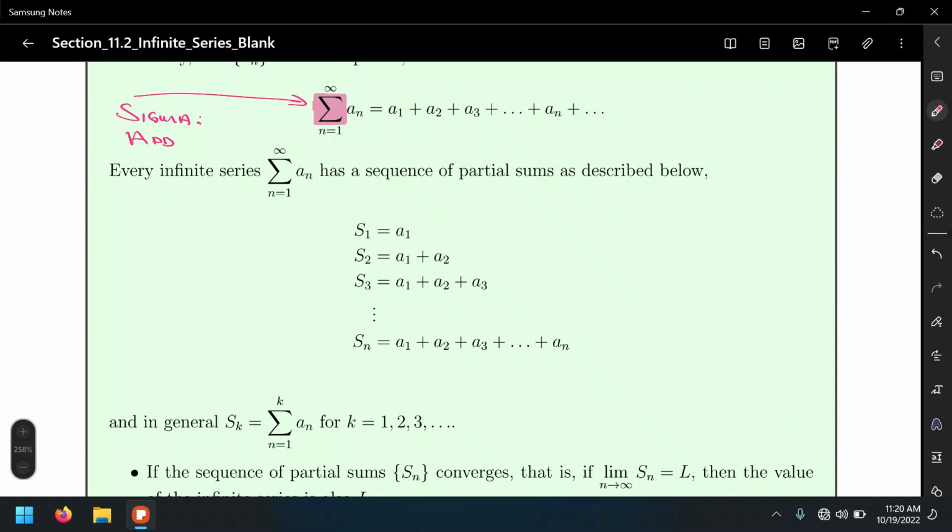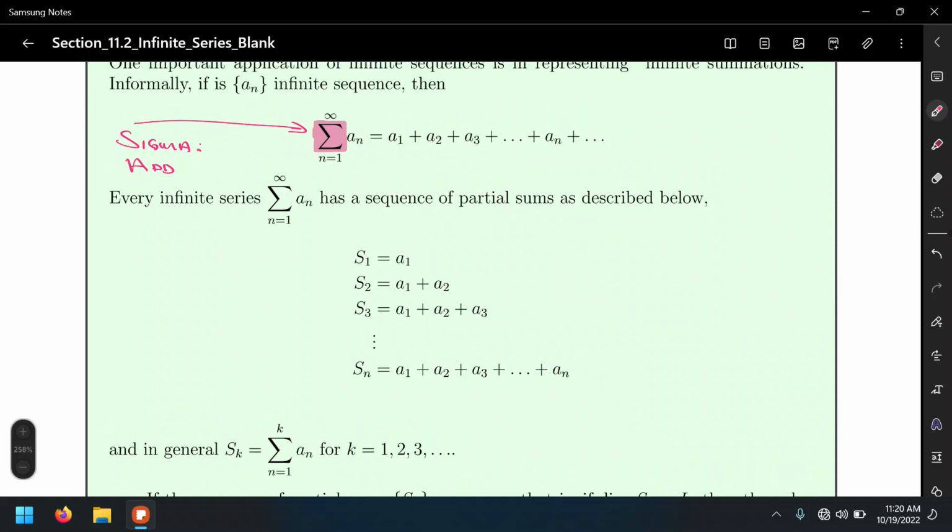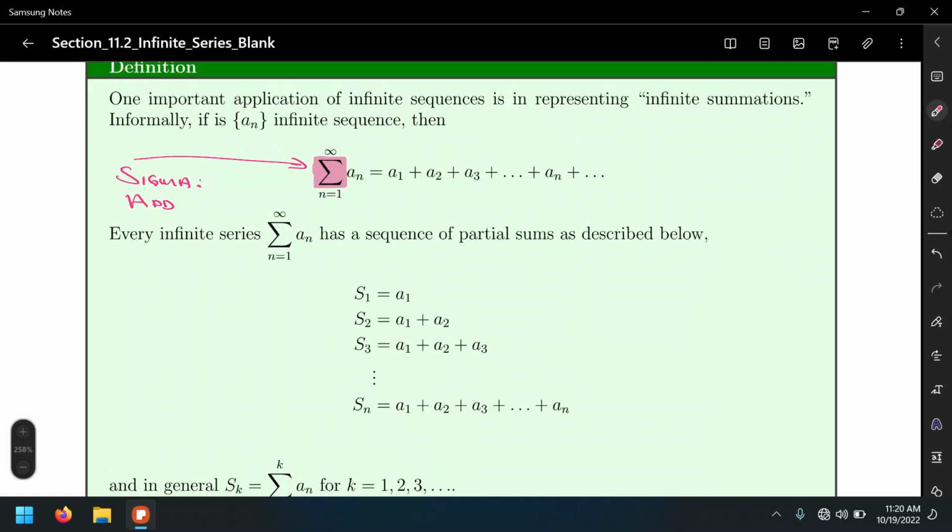All right. So what are these partial sums? Every series has an associated sequence of partial sums. For example, S sub 1. This S sub 1 right here is only the first number. There's really no addition. All we do is list that term. Done. S sub 2 means the addition of the first two terms in the series, A sub 1 plus A sub 2.